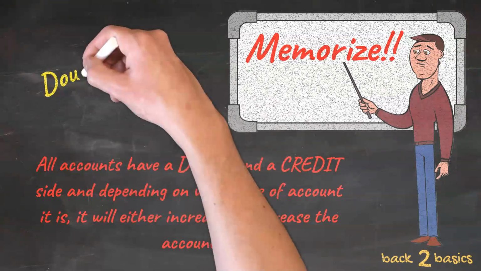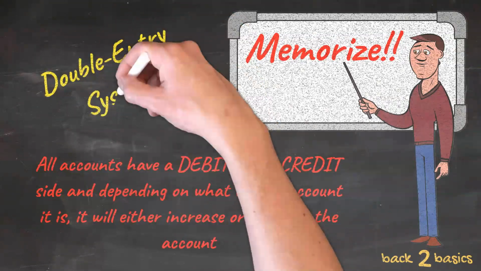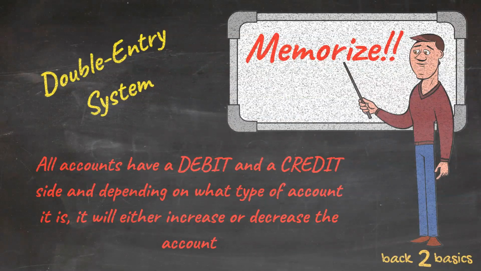Knowing this will ensure that you record financial transactions correctly in terms of the double entry system. Make sure to watch the video on the double entry system for a detailed explanation on the application.